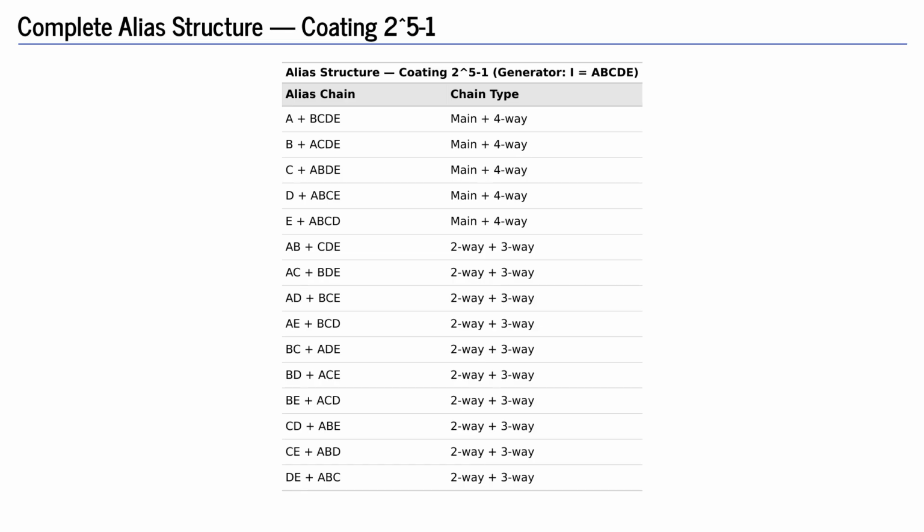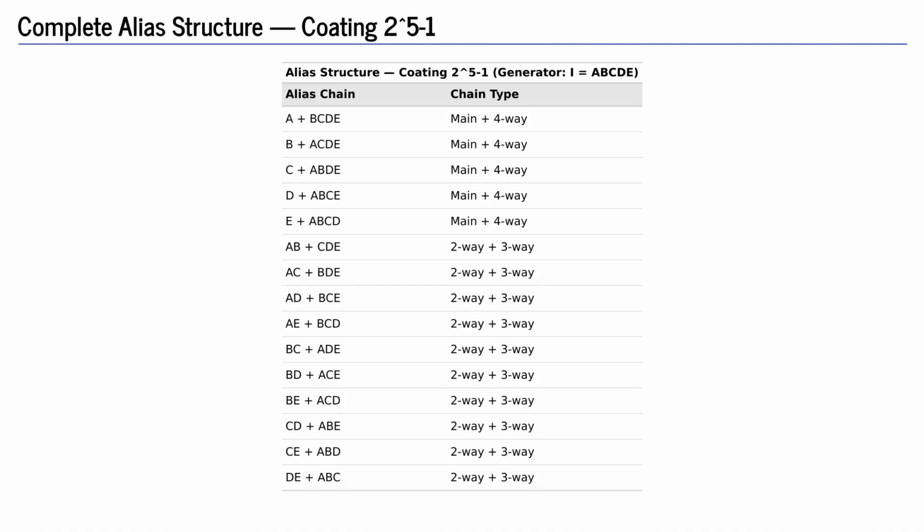The interpretation rule in practice: an effect is free and clear when its alias is of order 3 or higher. Under sparsity, the alias is negligible, and the large estimate is attributed to the lower order term. For main effects aliased with 4-ways, this is almost always safe. For 2-ways aliased with 3-ways, it is usually safe but worth flagging.